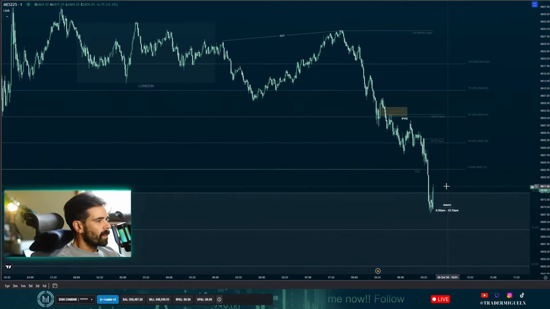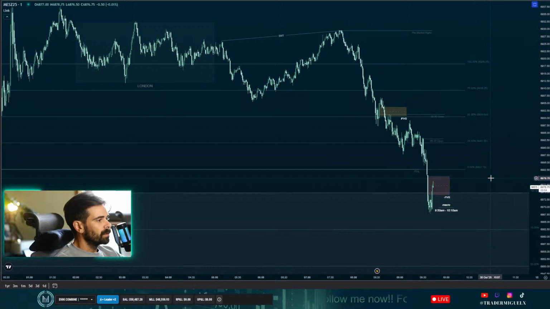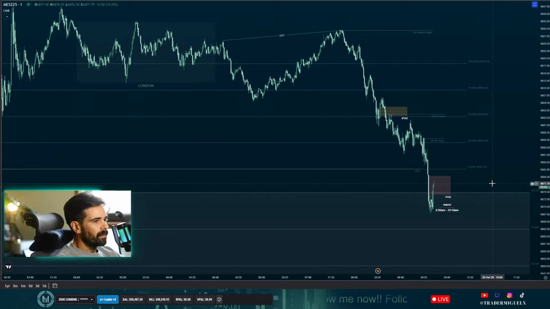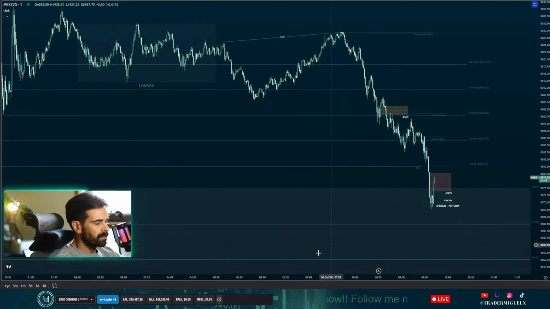So price kind of starting to react here. There we go, the reaction that we wanted. So now let's see if something bullish develops.